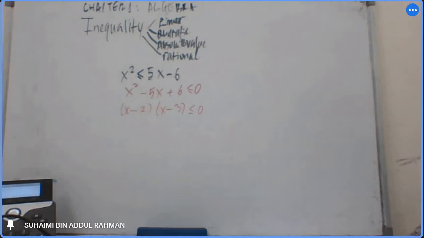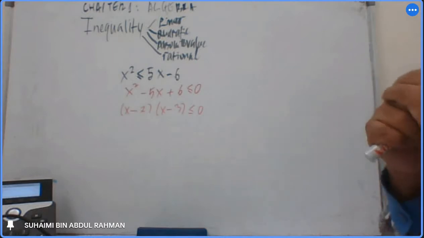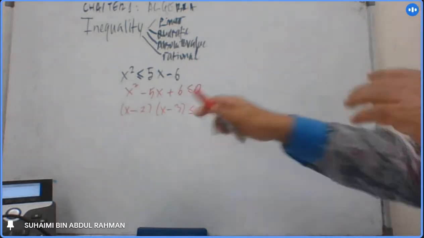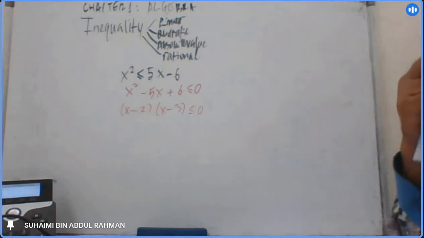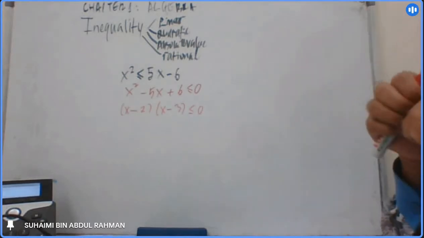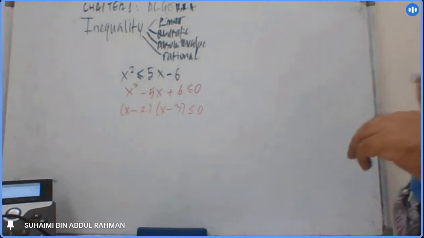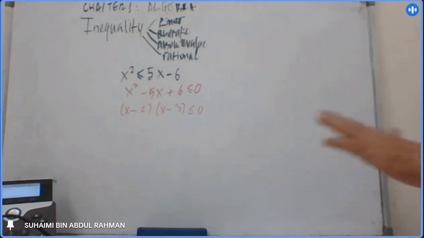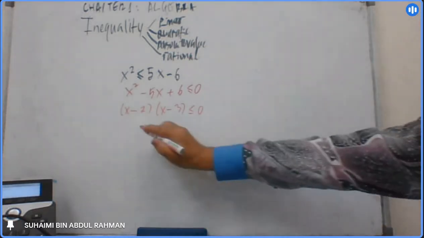Up until here, what we need to do is find the critical numbers because we want to sketch a sign diagram.